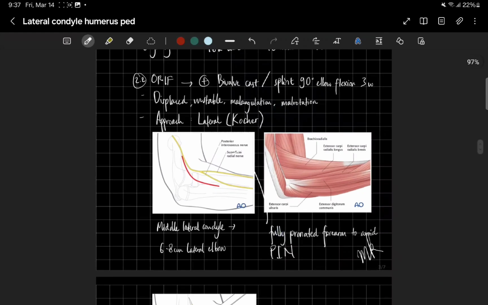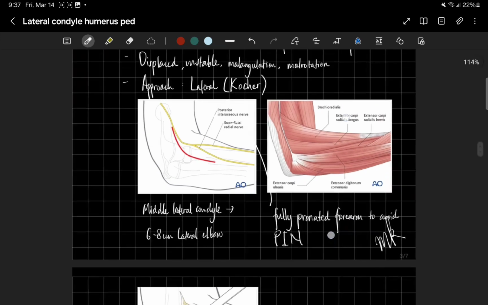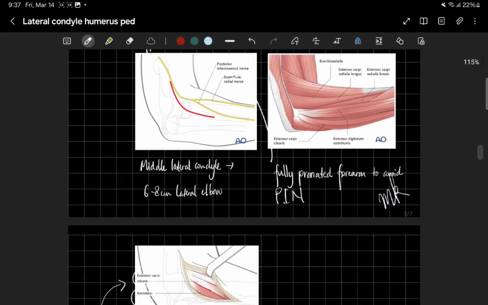Here we can see that we can incise through the middle of the lateral condyle onto the lateral side of the radial extension, 6 to 8 centimeters to the proximal or distal part. It depends on anatomical position.